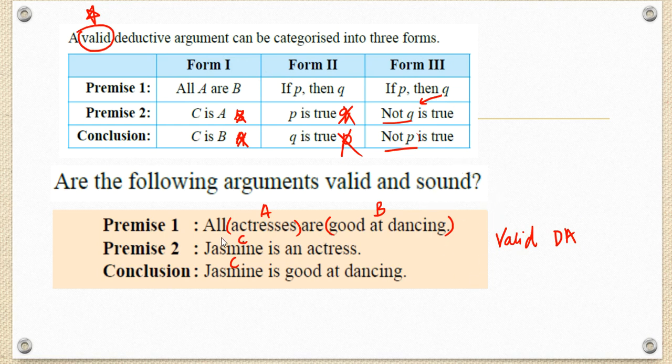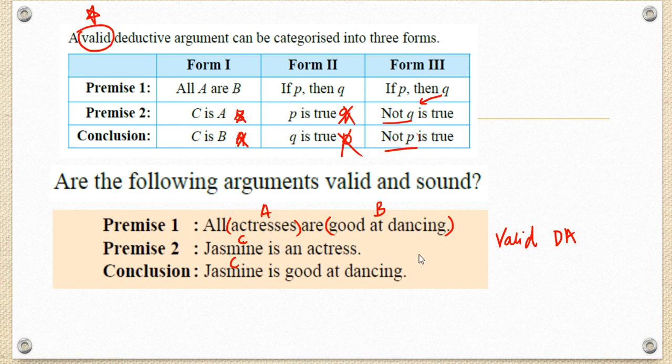Sound means that premise 1, premise 2 and the conclusion must all be true. Then it will become sound. If one of them is false, it is not sound. So here, all actresses are good at dancing. Is this a true statement? No, because not all actresses are good at dancing.